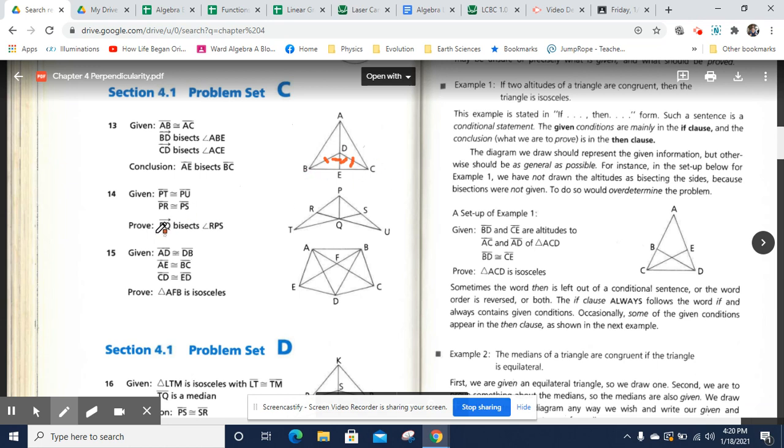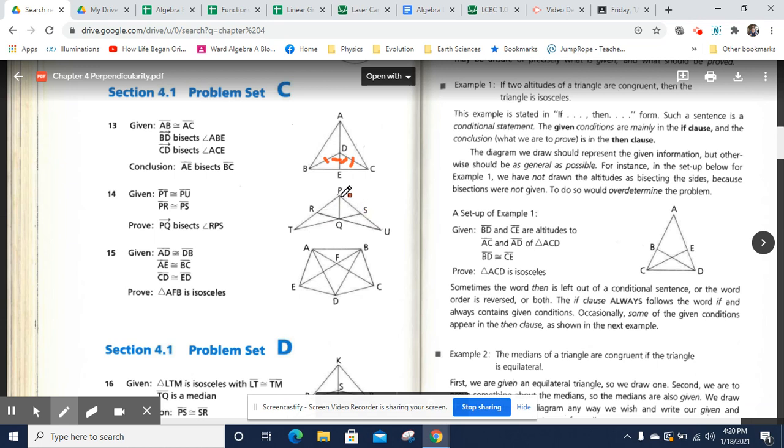Now let's take a look at 14. In 14, we're trying to prove that PQ bisects RPS, this angle here. Okay, so we've been told that PT and PU are congruent, and that PS and RP are congruent.